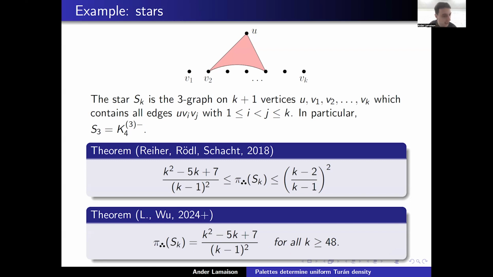So again, now we have new results on uniform Turán density, and in fact, we now have infinite families of values of the uniform Turán density. So I'm now going to say a few things about the proof of the main theorem.